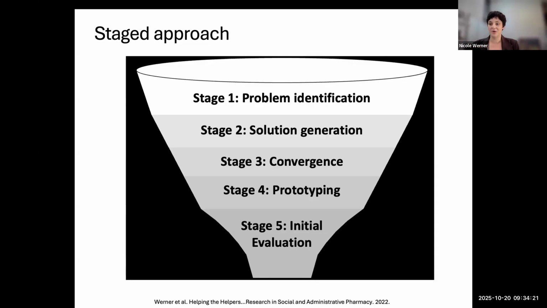It means that, for example, your prototyping process is going to look a little bit different when you're creating a toolkit that's more of a PDF versus a whole mobile app. There's a different level of process involved. So these are just the general stages, and they can expand and contract as needed depending on what's being co-designed.